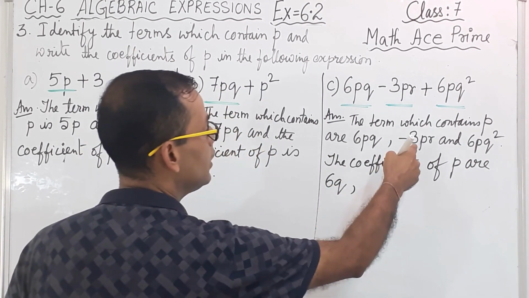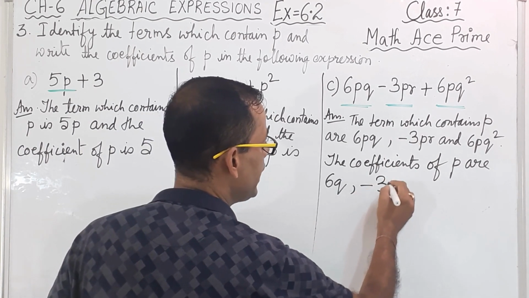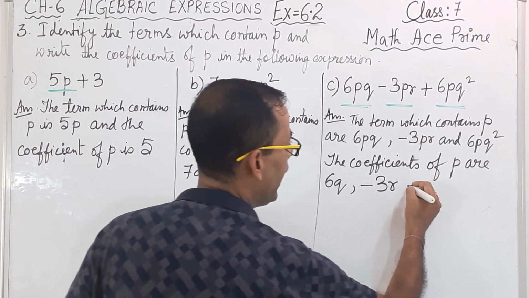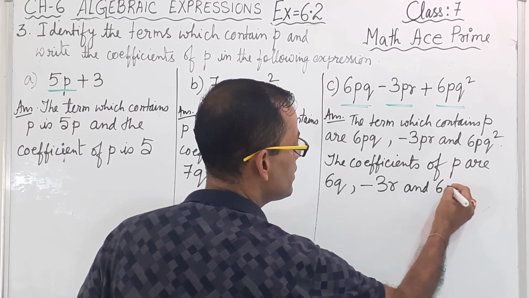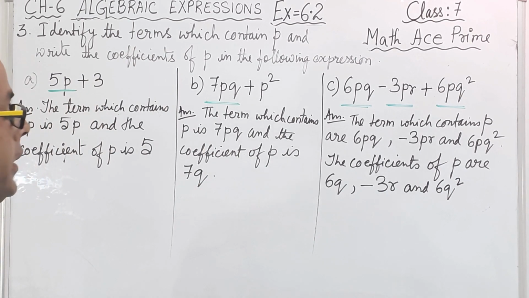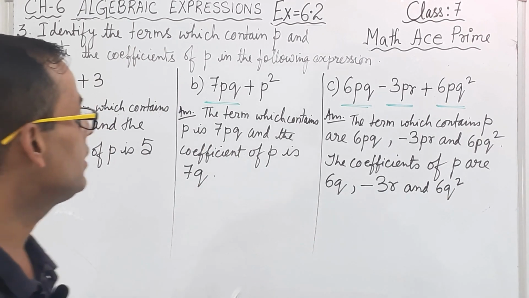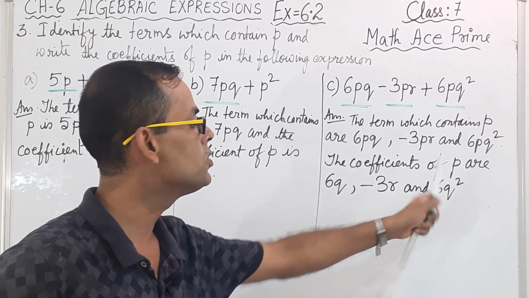Then comma. Then for this one, P you don't write. So what is left? Minus 3R. Got it? And another one is what? P don't write. 6Q square. Clear no? So now you will be thinking, sir, how is it 6Q, minus 3R, 6Q square?